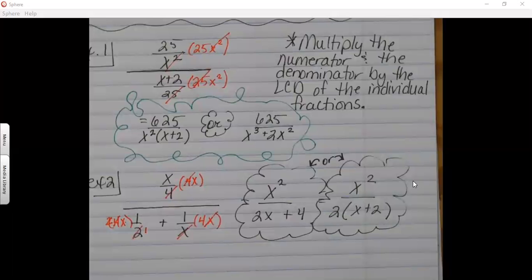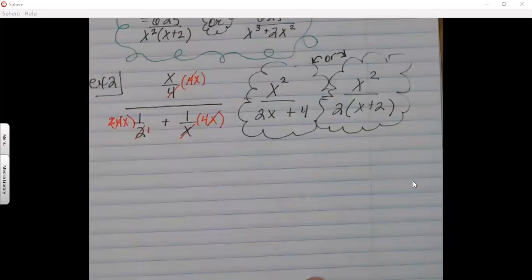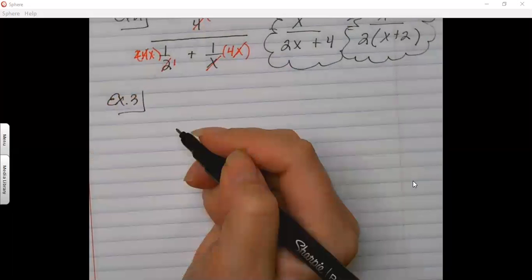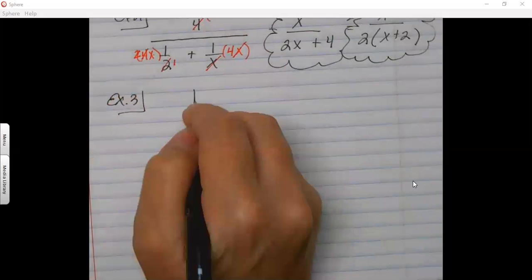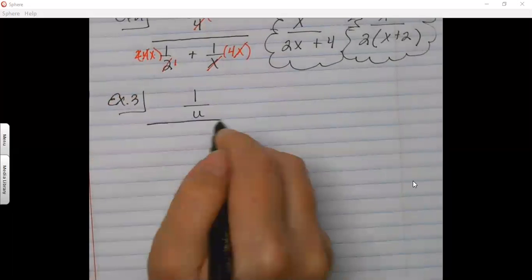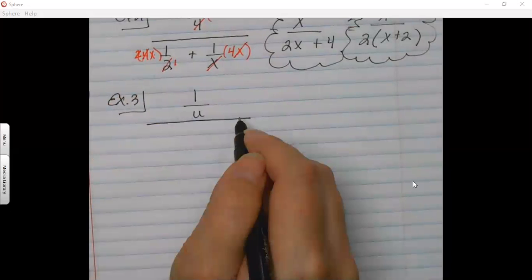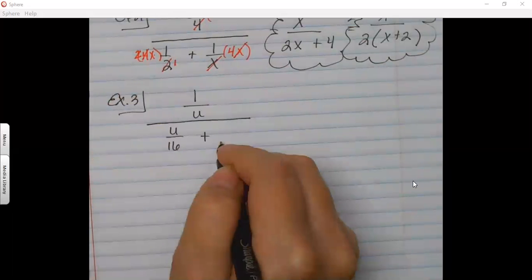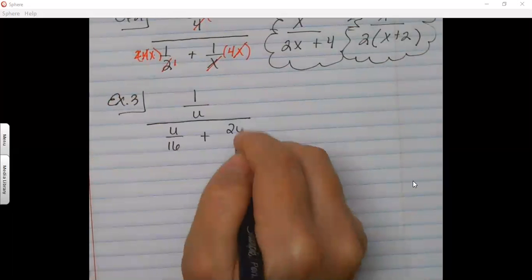Example 3. I have 1 divided by u, quantity divided by u 16ths plus 2u plus 1, quantity divided by u.